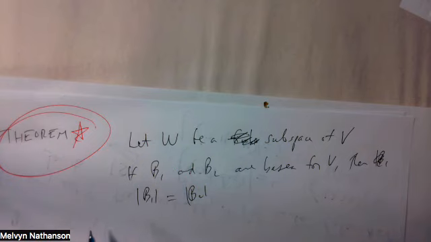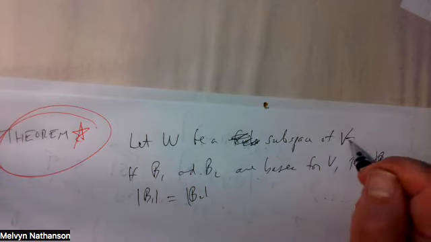The previous result shows that it has a basis, and the theorem says that every basis, all bases, have the same number of elements.